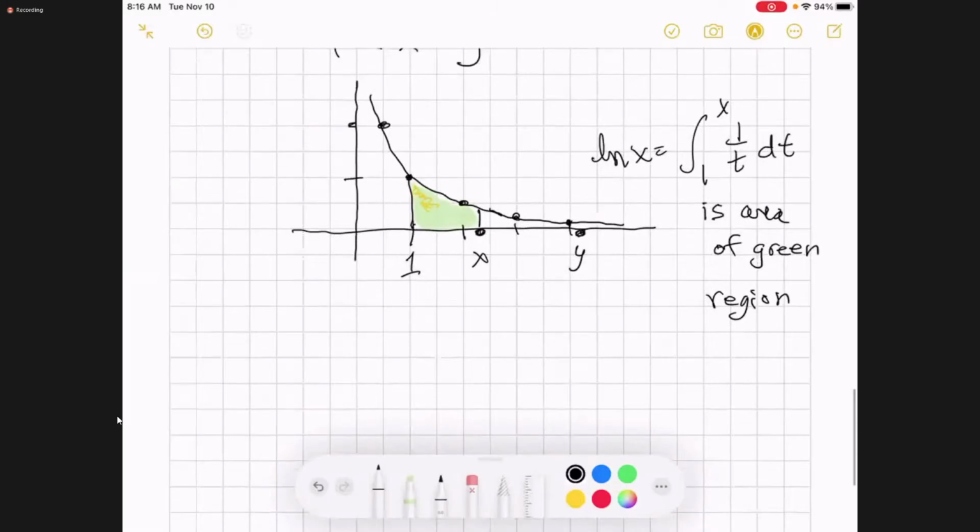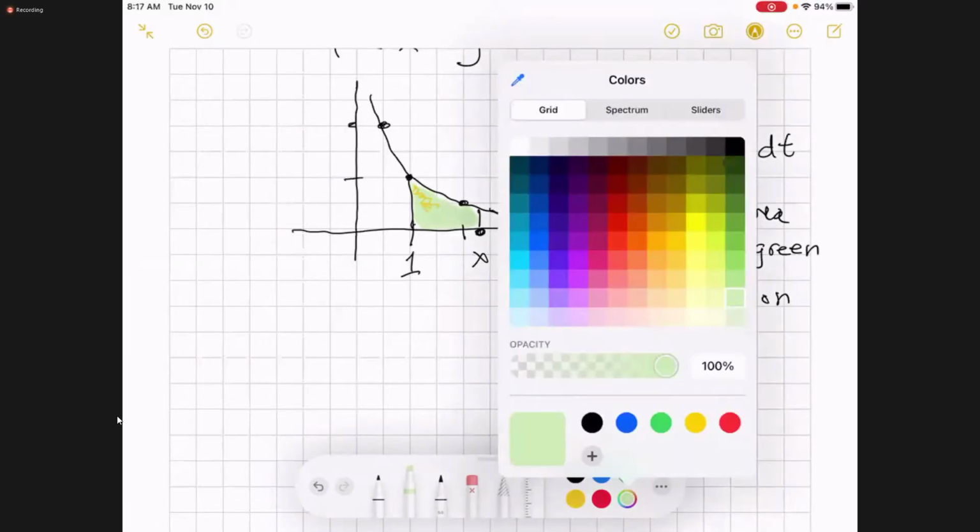And ln of y, well, that's going to be a region that contains the green region. Let's see, shade that. Oh, here's y. There's y. Okay, so let's see if I can shade that in. Make that color.